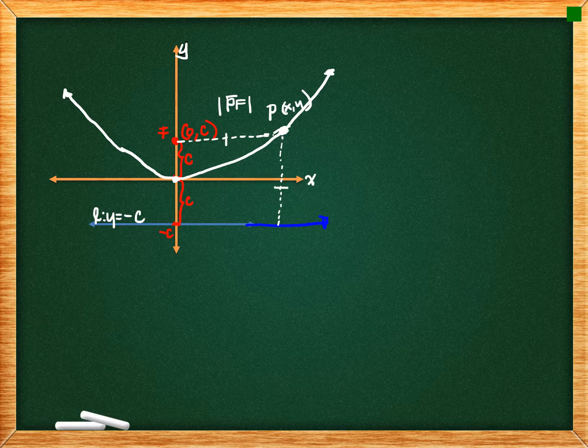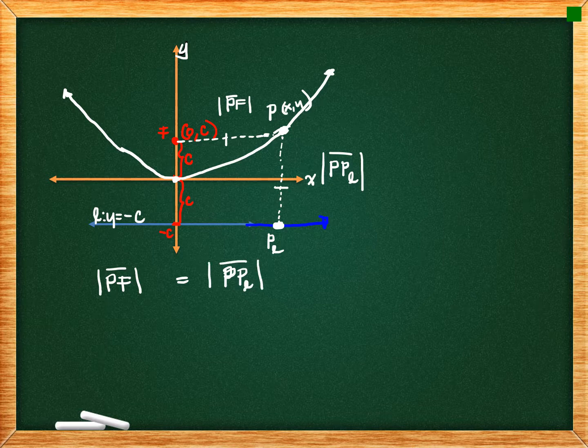And let us name this point on the line as P sub L. Therefore, the distance of P to P sub L, because this point is on the parabola, is equal to the distance of P to F. And if we write that, the distance PF is equal to the distance of point P to P sub L. Okay?